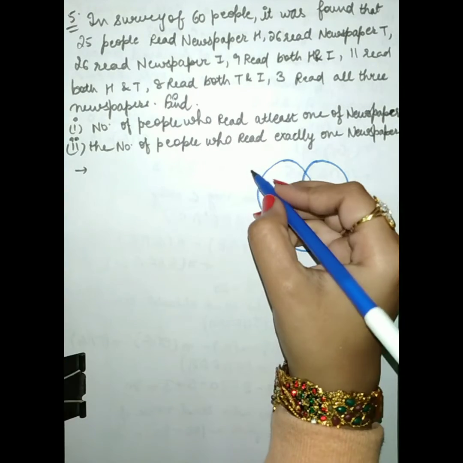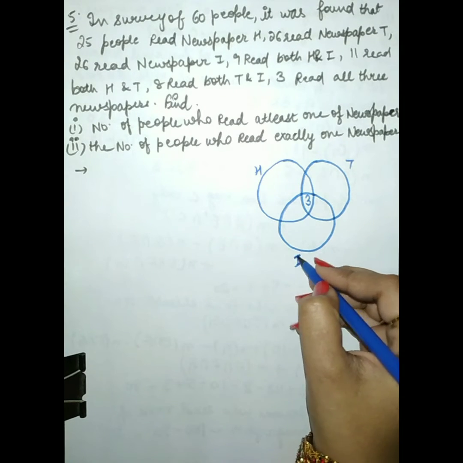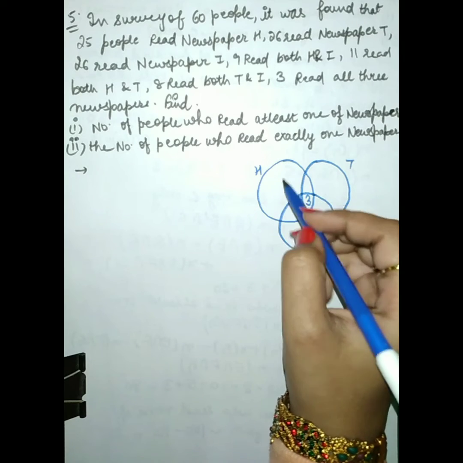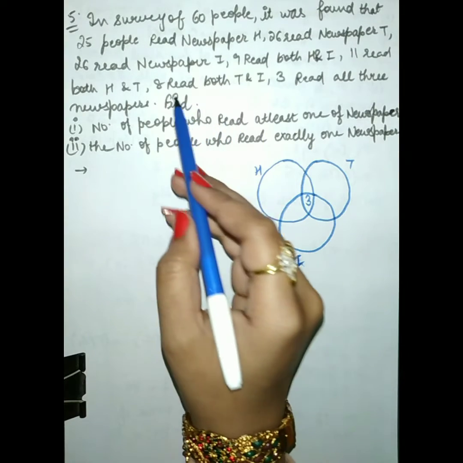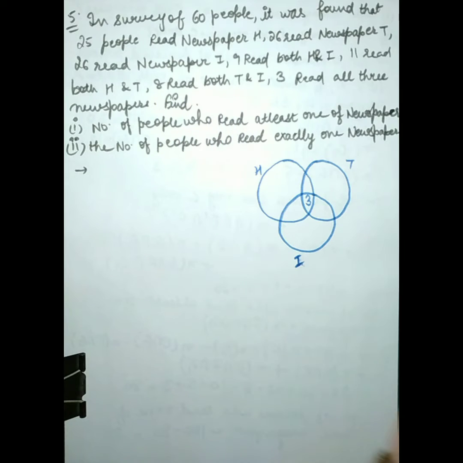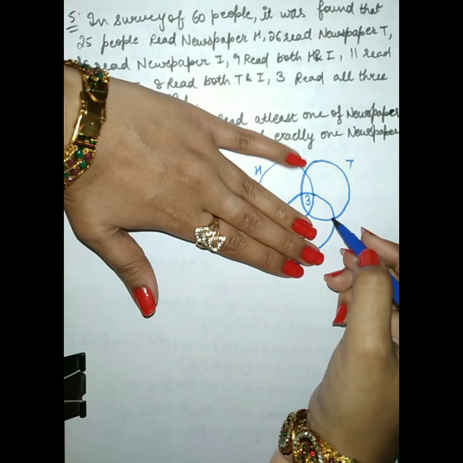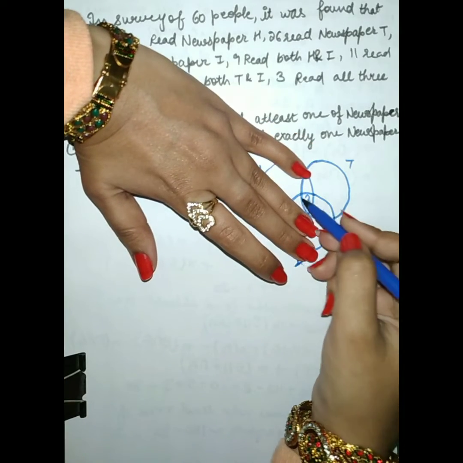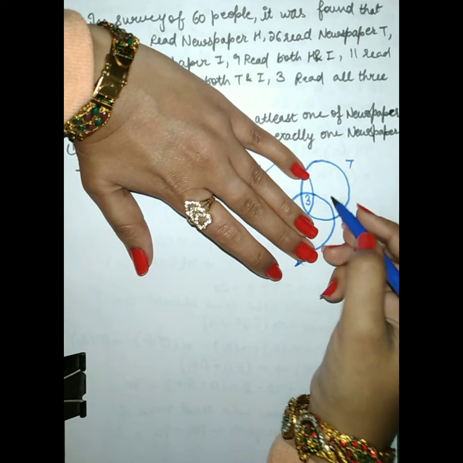This is H, this is T and this is I. This is for the people who read H newspaper, this is for T newspaper and this is for I newspaper. We are also given that 8 read both T and I. This is the common portion between T and I, so we are given that this is 8. But 3 is here, so we are left here with 5.